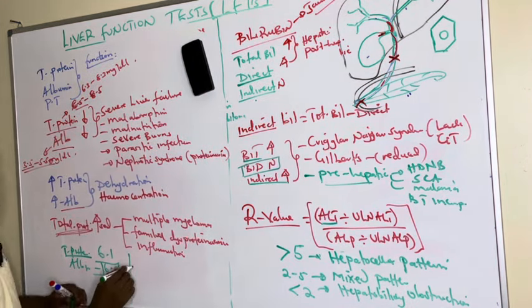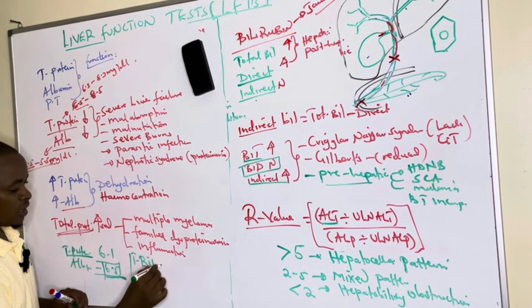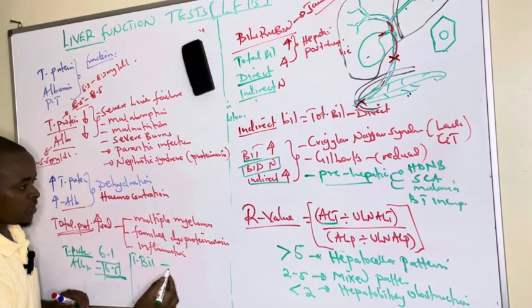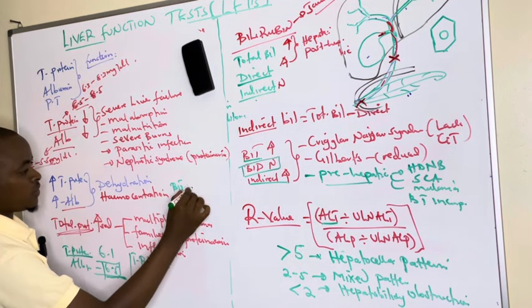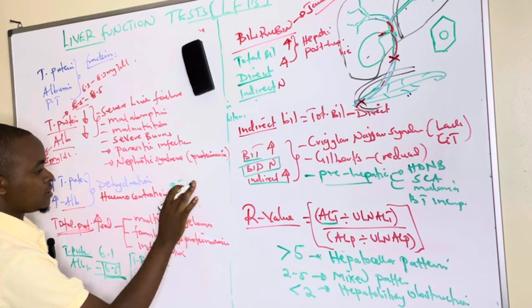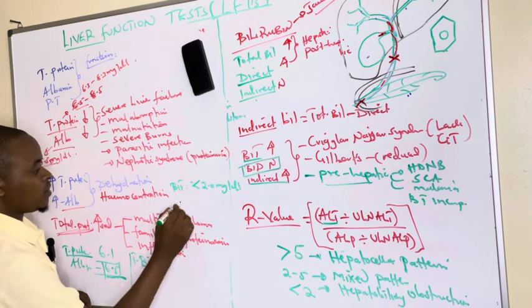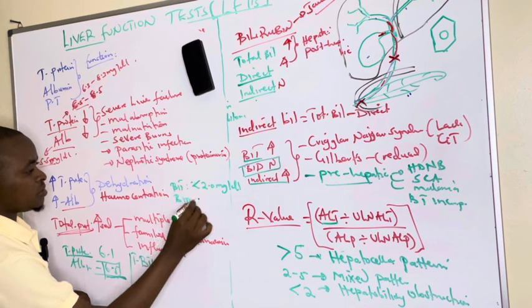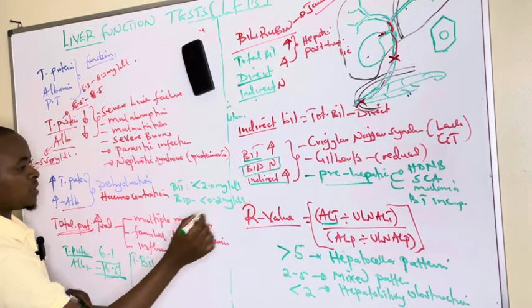The same thing with bilirubin. We know the total bilirubin reference range should be less than 2.0 milligrams per deciliter. We know direct bilirubin should be less than 0.2 milligrams per deciliter.